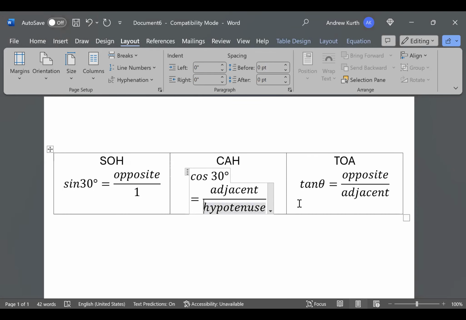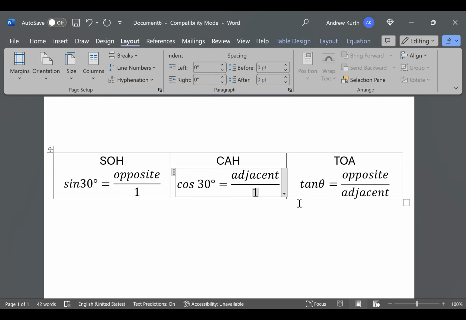So again, we're using the same hypotenuse, same triangle. We know that hypotenuse is the radius of the circle. So that's 1. So that means we know that our value for the sine of 30 degrees will just be how long the opposite side is. And our value for the cosine will just be how long the adjacent side is.